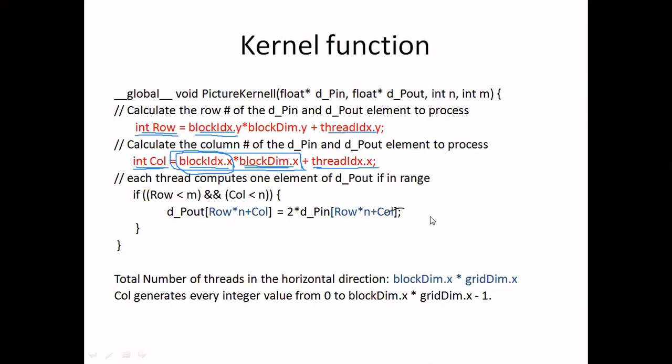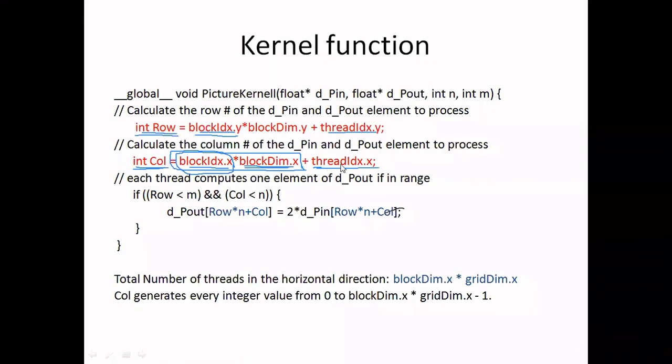So here the total number of threads in the horizontal direction is block dim.x into grid dim.x. And what will the col variable generate here?